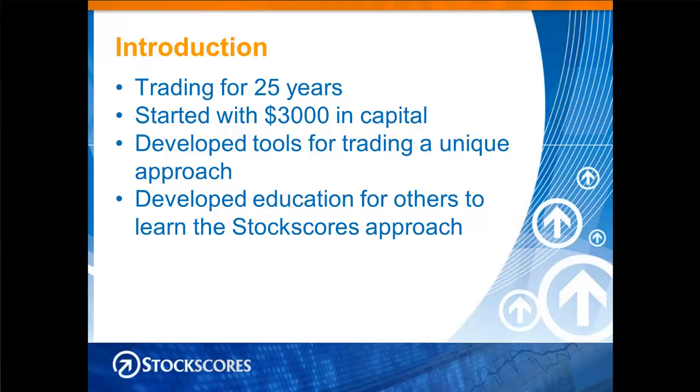So I stuck with it all throughout university. I traded the market, sort of paid my way through school, and then when I graduated from business school, I couldn't get a job, so I kept trading the market and built the Stockscores website and started writing books about the stock market. I had a fairly good following in Western Canada, and people wanted me to teach them, so I started doing that, and that's sort of the evolution, if you will, of how Stockscores came to be.